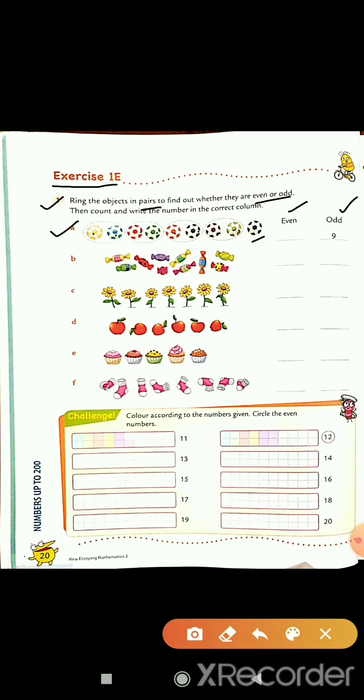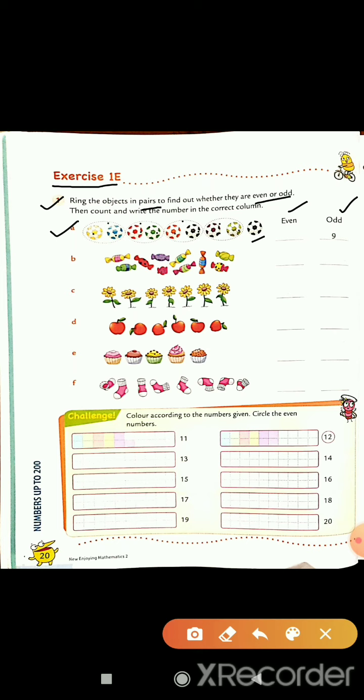Four pairs, because how many circles are there? Four circles. So four pairs, but one ball is not having its pair, so it cannot be an even number. Even number must have all the objects in pair. Nothing should be left single.